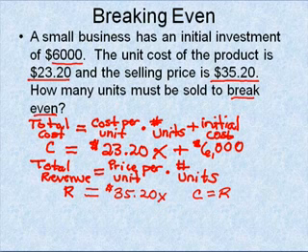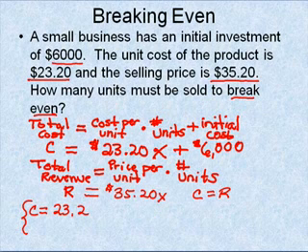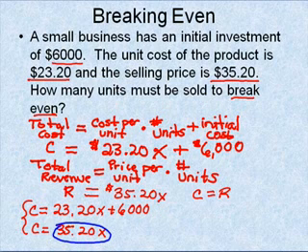So that means if R is equal to C, our two equations then are C equals 23.20x plus 6,000. And the second equation is going to be C equals 35.20x. Now we can take this 35.20x in this equation, and since it equals C, let's go ahead and substitute that for C in our first equation.